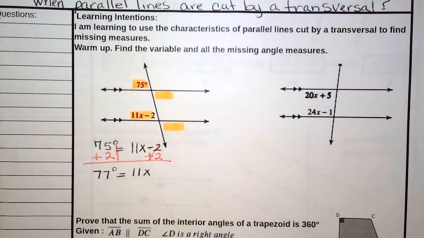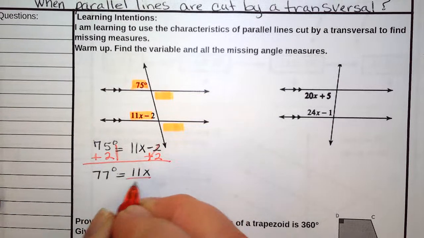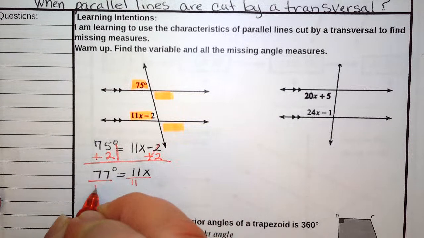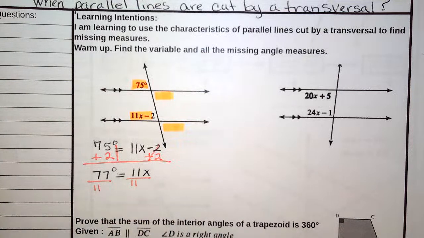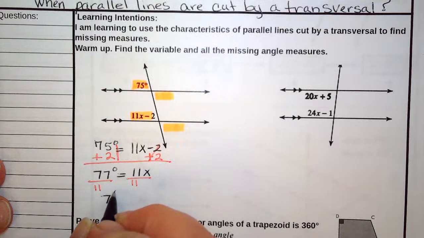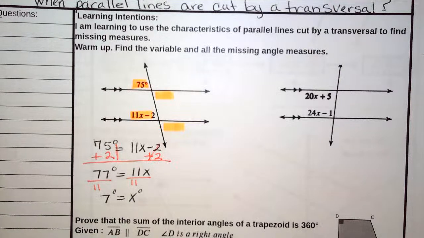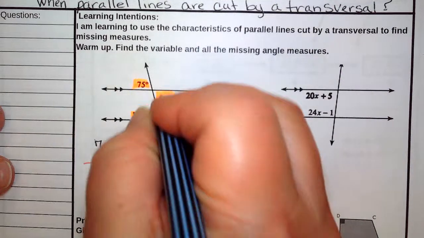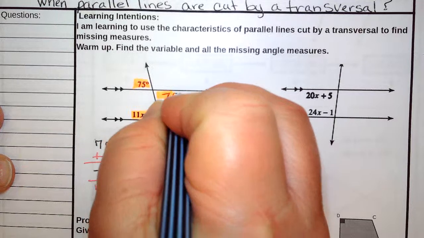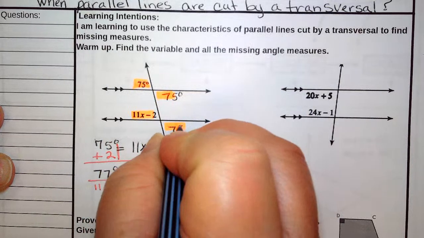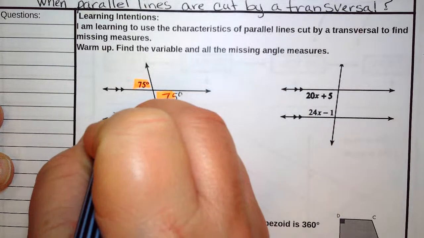Last step is to divide by 11. And 7 degrees is equal to x. Okay, so without any other math, I can add the 75 degrees in where all the orange highlight is.